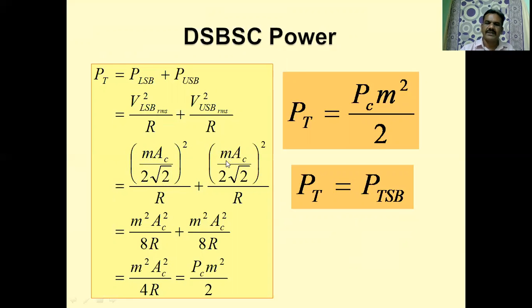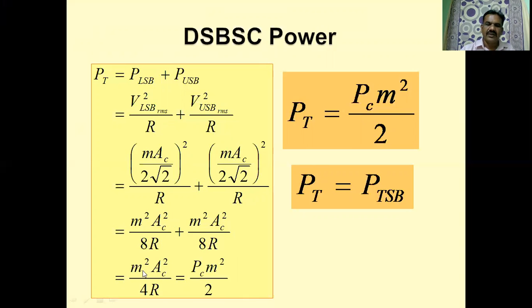The amplitude of the upper sideband is also the same as the amplitude of the lower sideband, and hence it is equal to (mAc by 2 root 2) whole square by R. So we are getting the value m square Ac square by 8R plus m square Ac square by 8R. This is the power of the lower sideband plus the power of the upper sideband.